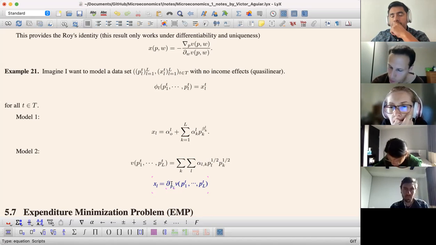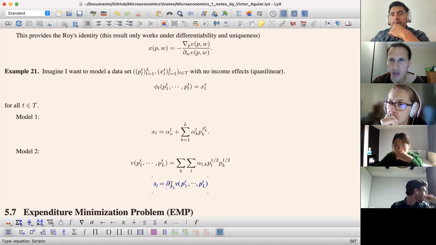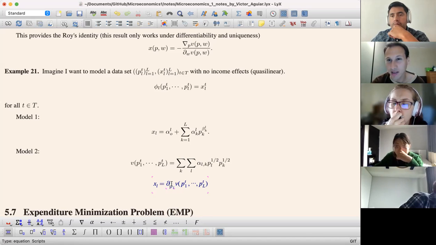We are still maximizing the same utility function, but instead of taking derivatives with respect to quantities or goods, we are taking derivatives with respect to income and prices. So there you are still working with the high dimensionality, if I'm not wrong.